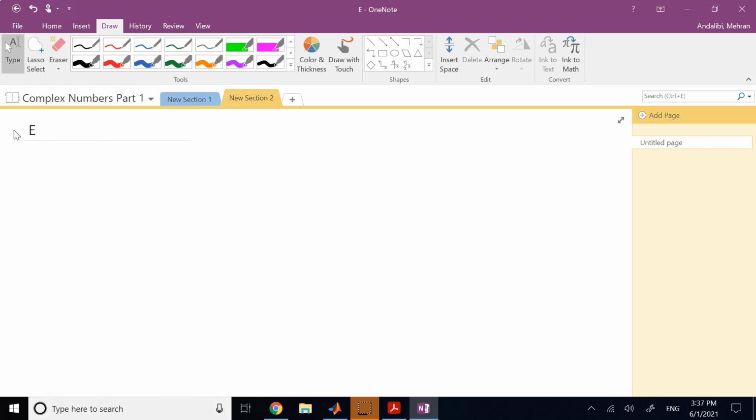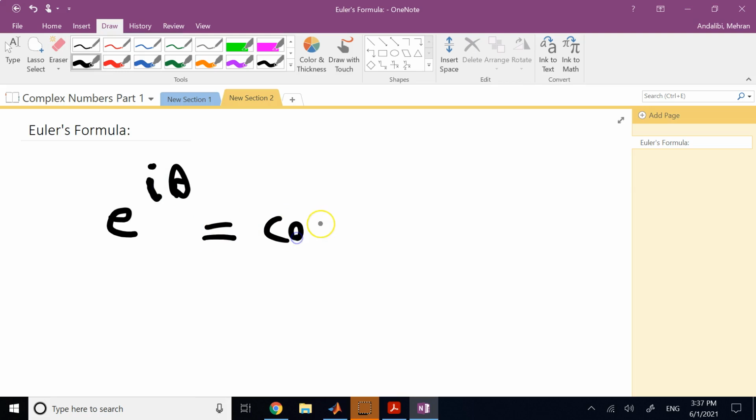So what is this one? This one says the exponential of I times theta, I is that complex number, is equal to cosine of theta plus I times sine of theta.